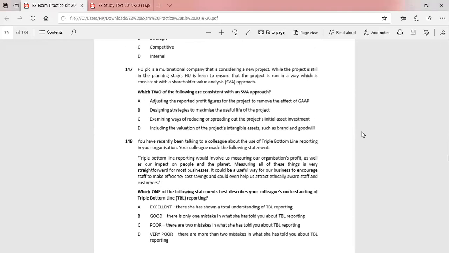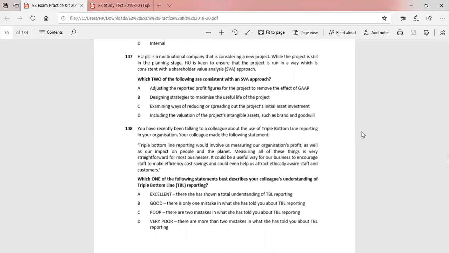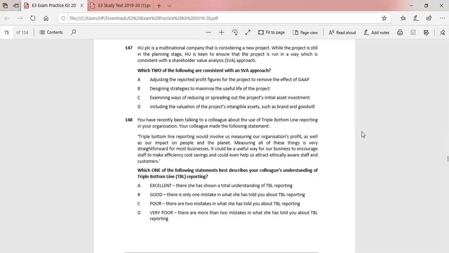HU PLC is a multinational company that is considering a new project. While the project is still in the planning stage, HU is keen to ensure that the project is run in a way which is consistent with the shareholder value analysis approach. Which two of the following are consistent with the SVA approach?